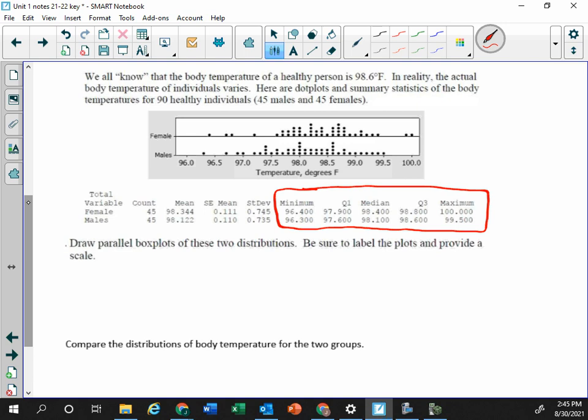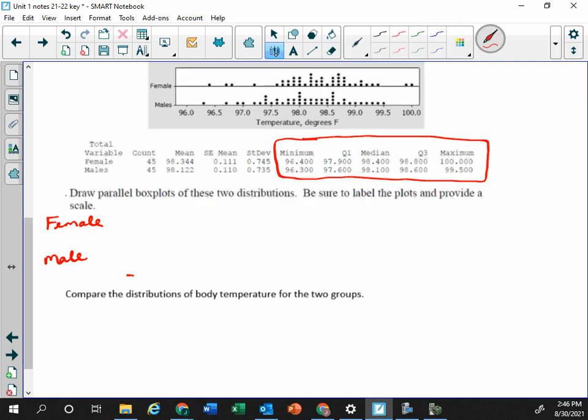So let me just give you a little bit of guidance. If you're doing a parallel box plot, that means you're going to have one going sideways for females and then one going sideways for males, with the scale along the bottom.